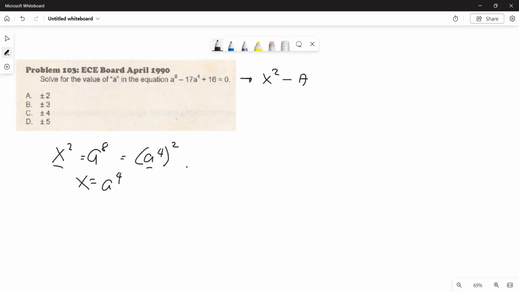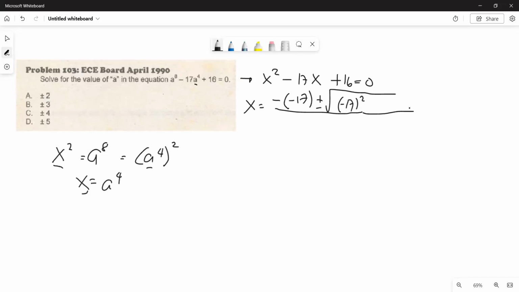So the equation becomes x squared minus 17x plus 16 equal to 0. Now we can use the quadratic formula: x equals minus B, B is negative 17, plus or minus the square root of B squared minus 4AC. Take note that A is 1, it's understood that there's 1.